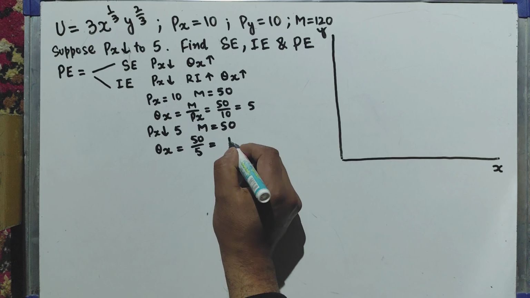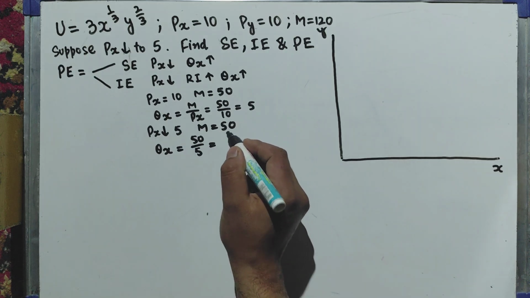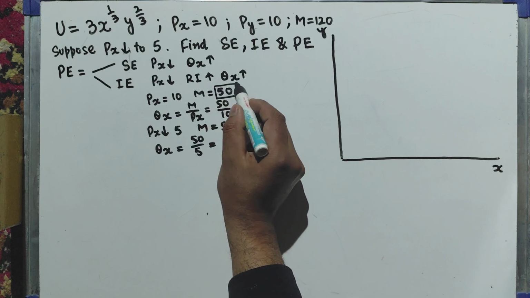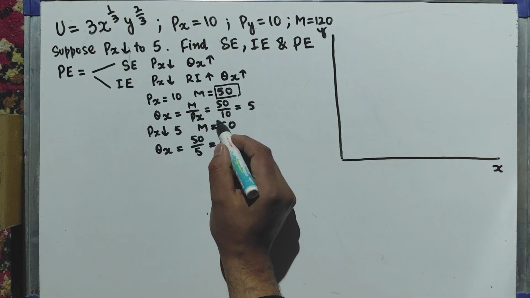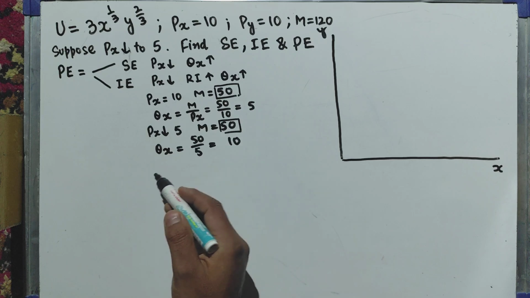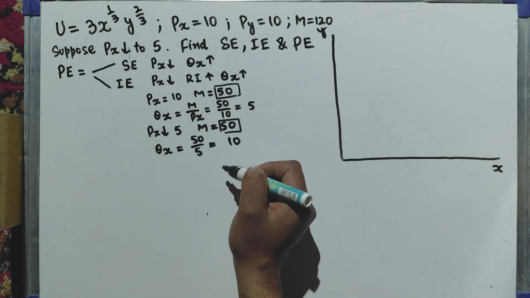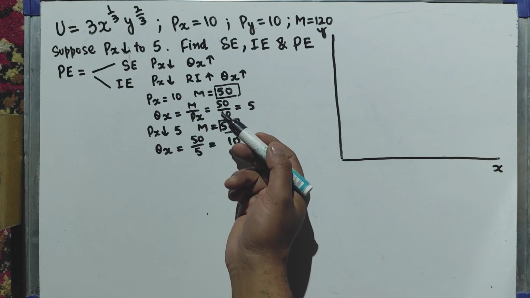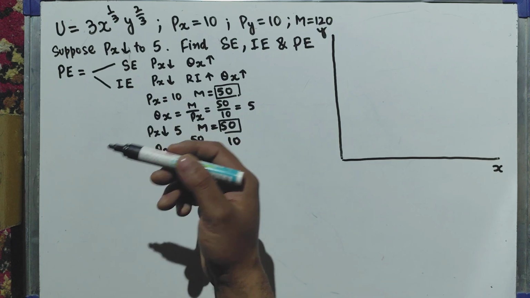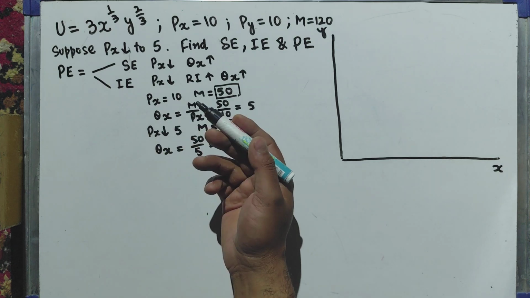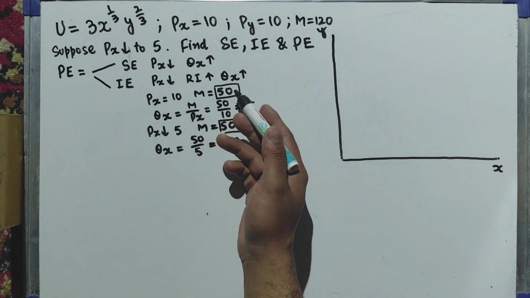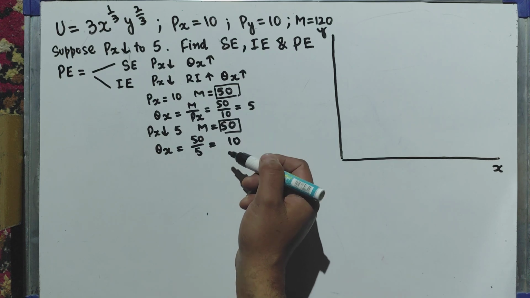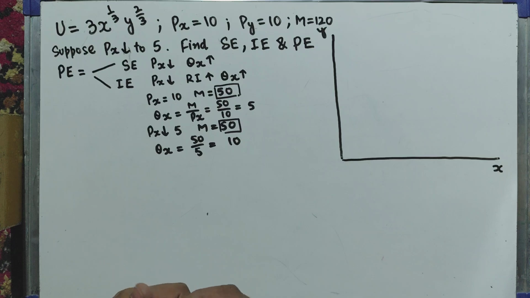Here you can see consumer is demanding 10 units of good X. With the same income of $50, this time consumer is able to demand 10 units of good X. We call this the income effect. That is, with the decrease in the price, consumer's real income has increased. So with the same income, now he is able to consume more units of good X. That is what we call the income effect.